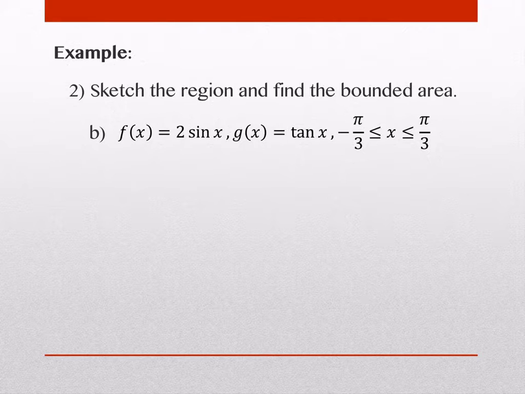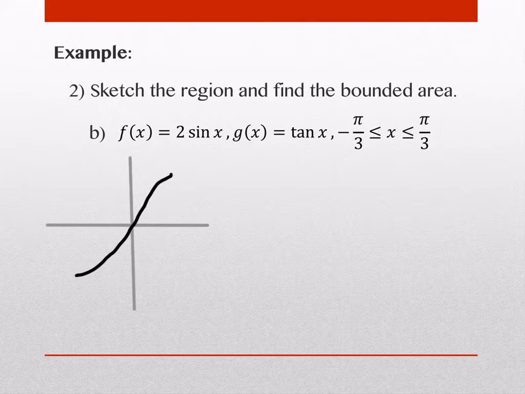I'll sketch a graph on my screen just so that we have it as a reference. Not perfect, but it doesn't have to be. So this is negative pi over 3, we're at 0 in the middle, and then we're at pi over 3 on the right.